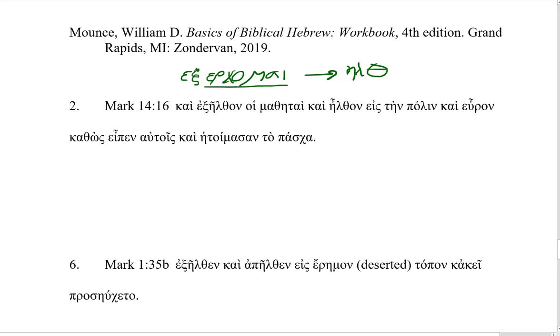So, and they went out. This ending could be either first singular or third plural, but notice the subject here is hoi mathetai, the disciples. So the disciples went out, kai elthon. And so now we have elthon by itself, interestingly.